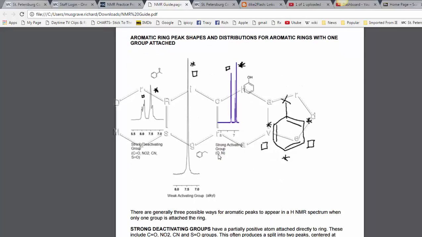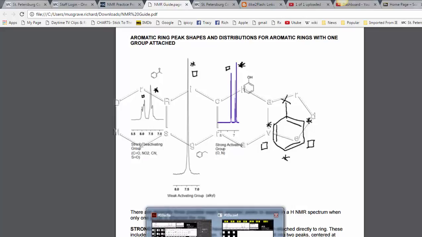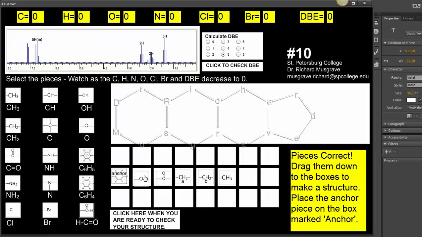If there's an oxygen directly connected to the aromatic ring, like we have here, then it splits into 2 peaks, but the peak is centered at around 7 ppm. So always a little bit upfield from where it would be if it was a C double bond O. So using that, you can see that if we have an O directly attached to the aromatic ring like we do here, that's the result we expected. 2 sets of peaks split at around 7 ppm.